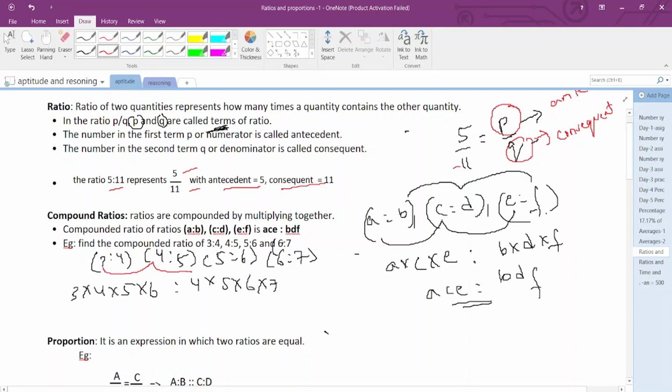These are the first terms and these are the second terms.